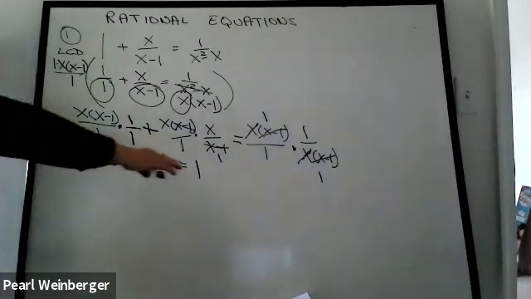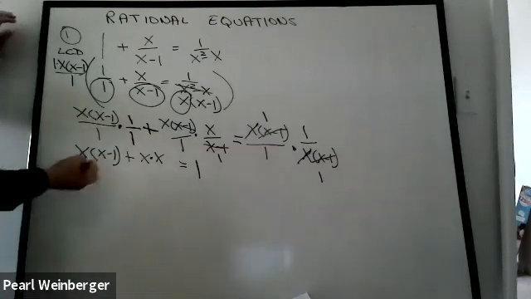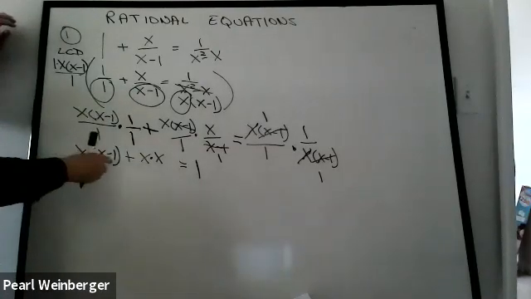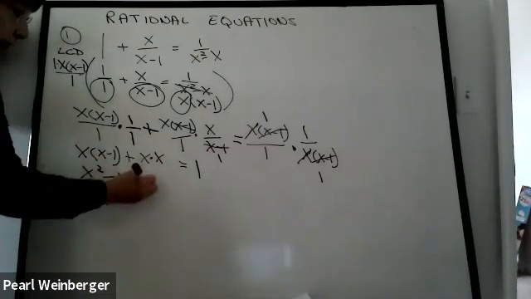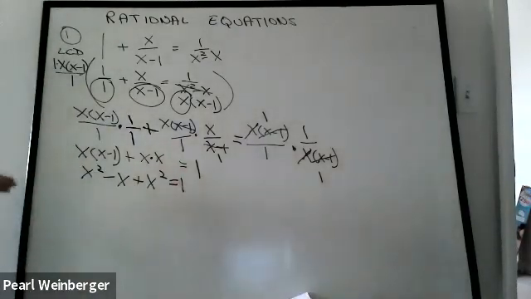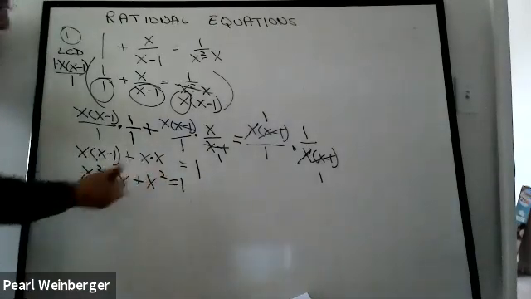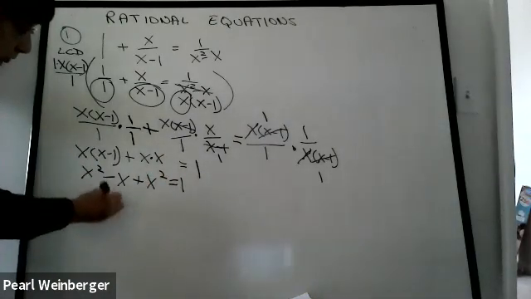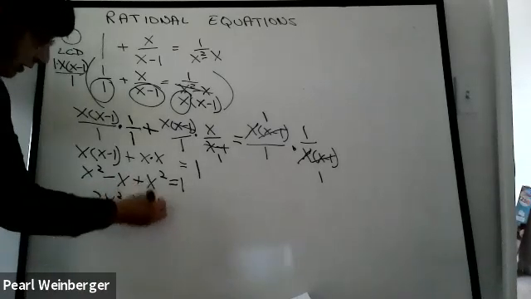But we still have to solve this equation. So I'm going to remove my parentheses. X times x is x squared. X times negative 1 is negative x. Plus x squared equals 1. And lo and behold, when I put this all together, I have an x squared and an x squared, which is a 2x squared minus x equals 1.